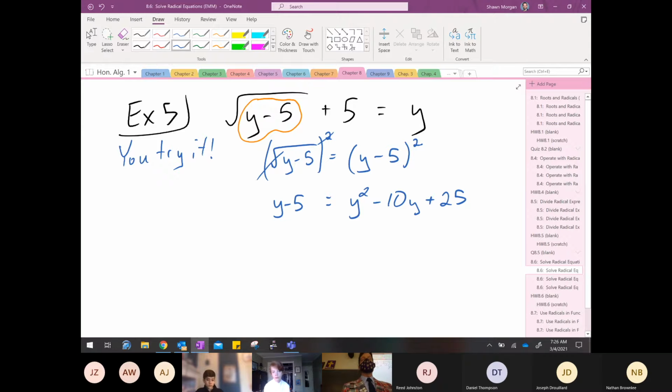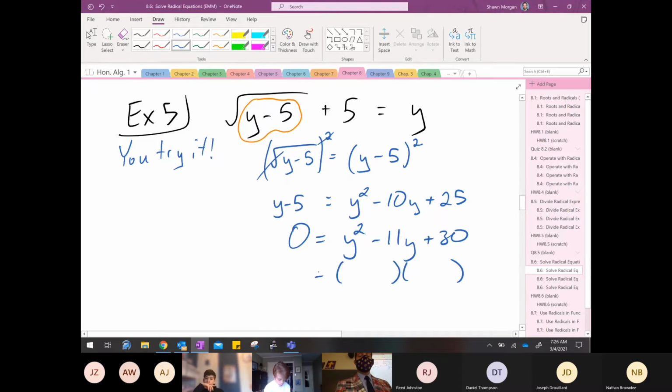Factor! And then use the zero product property. All right, good. So we're going to set it equal to 0. You're right about combining like terms. So you got y squared minus 11y plus 30. And then we're going to factor that out. Quentin, factor it out for me, please, sir.